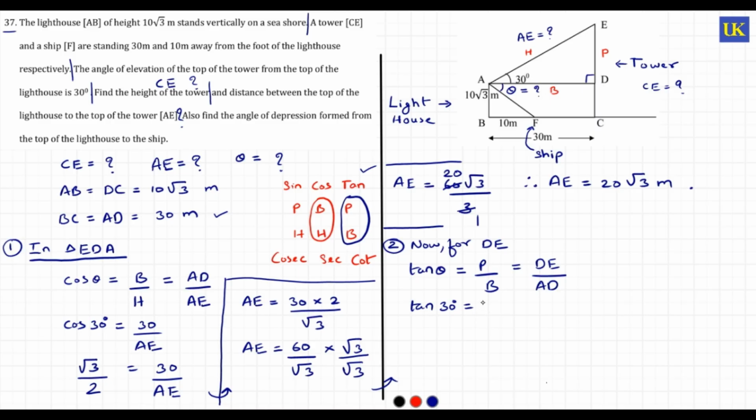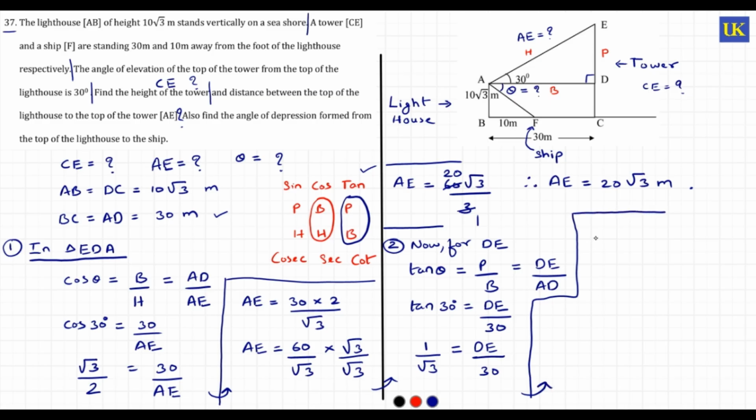And DE is what we have to find out, so I will keep DE as DE. And AD, we know AD is 30. Now using the same trigonometry table, we get the value of tan 30 degrees, which is 1 upon root 3, equal to DE upon 30. Now we will cross multiply here. I will just draw a line here and continue here.